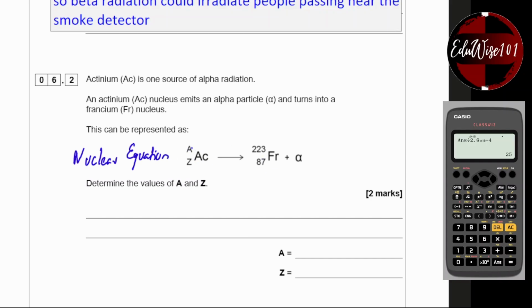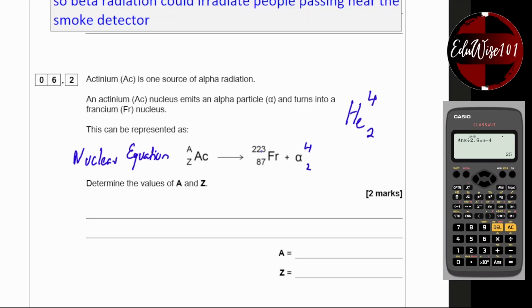So that's the atomic mass, and this is the proton number. Remember, alpha particle is a helium nucleus. Helium nucleus has a mass of 4 because it has 2 protons and 2 neutrons, and the proton number is 2. So if I write those numbers 4 and 2 there, the mass number should add up.